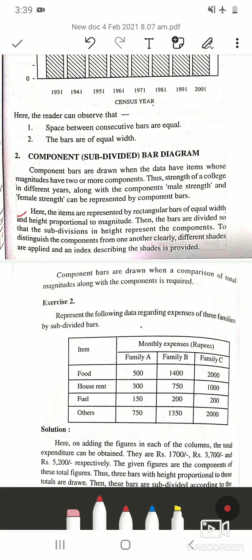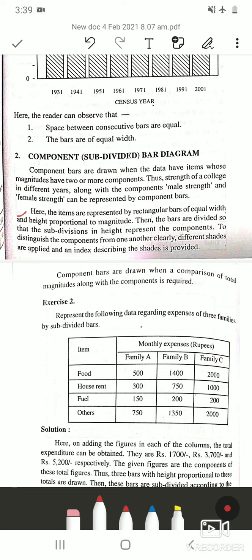Here the items are represented by rectangular bars of equal width and height proportional to magnitudes. Then the bars are divided so that the subdivision in the height represents the components. To distinguish the components from one another clearly, different shades are applied and an index describing the shades is provided.